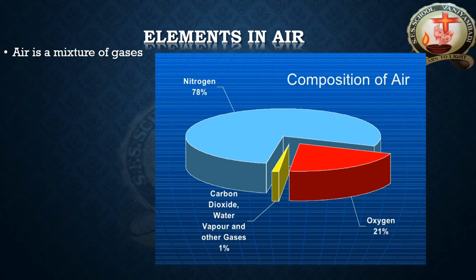Here I have shown only some of the major constituents. See, the maximum percentage of air, mentioned in blue color, is nitrogen. 21% of your air is oxygen, then 1% is a number of other gases. These gas mixtures are helpful for inhaling and breathing for human beings as well as animals.